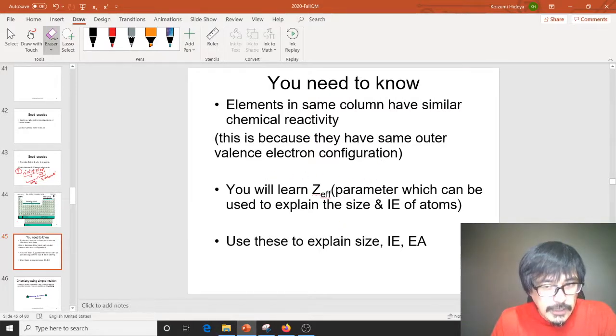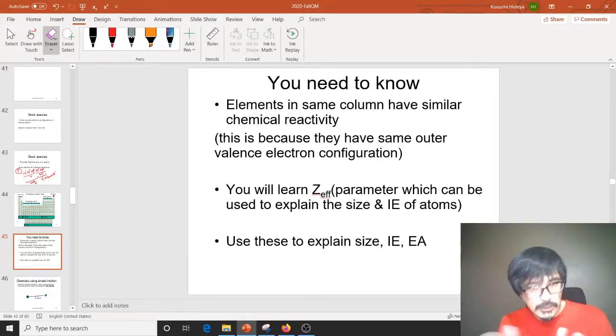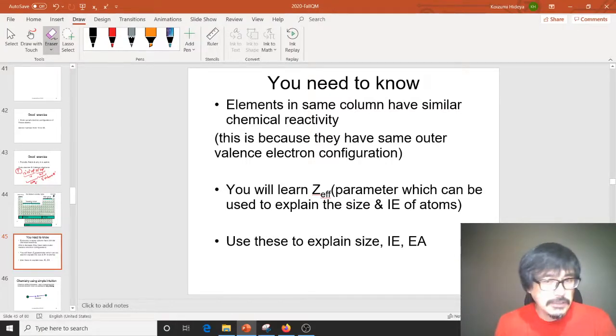In order to understand a little bit more about this periodic table and the properties of all those atoms, you will probably need to understand what the Z effective is. Z effective is the parameter which can be used to explain the size of the atoms, or ionization energy, or the electron affinities and so on and so forth.